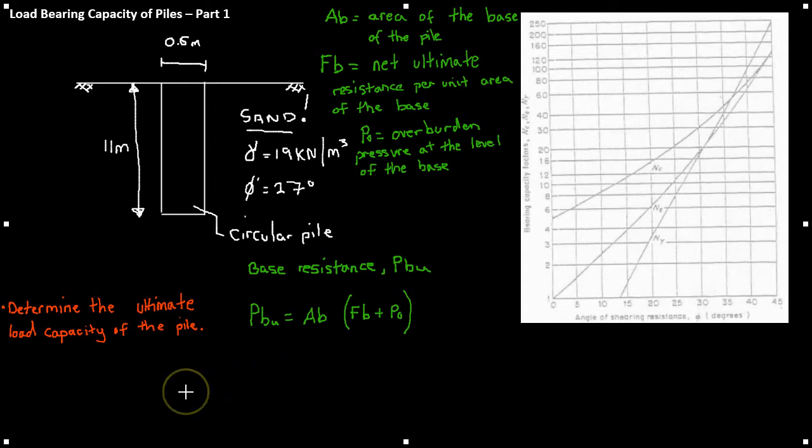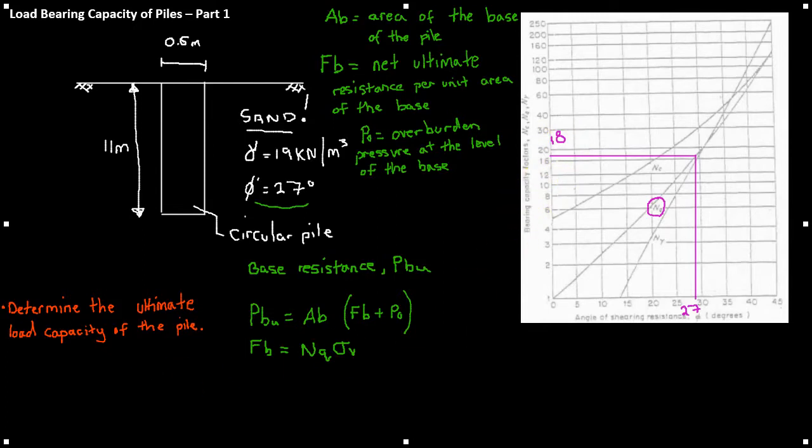FB is calculated by NQ times sigma V. To determine NQ, we use this graph here. We can use our internal friction angle 27 to read off a value for NQ. If you get something slightly different, it doesn't matter too much, but I'm reading off a value of 18 here.